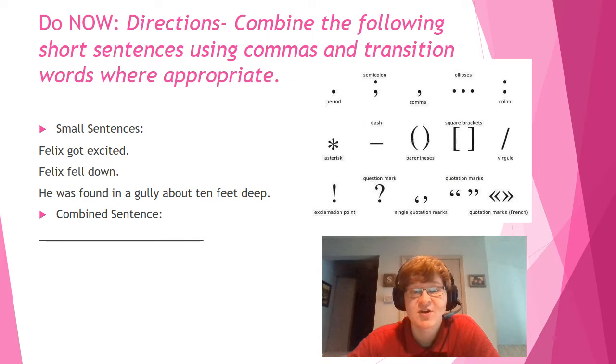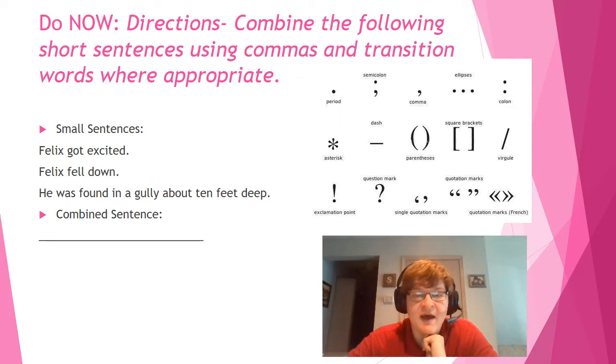First step for the day is our do now. So you're going to be combining the following short sentences, but you're going to use commas and transition words to create one big sentence. So we have three fragments that we're combining into one big one. Felix got excited, Felix fell down, and lastly, he was found in a gully about 10 feet deep.